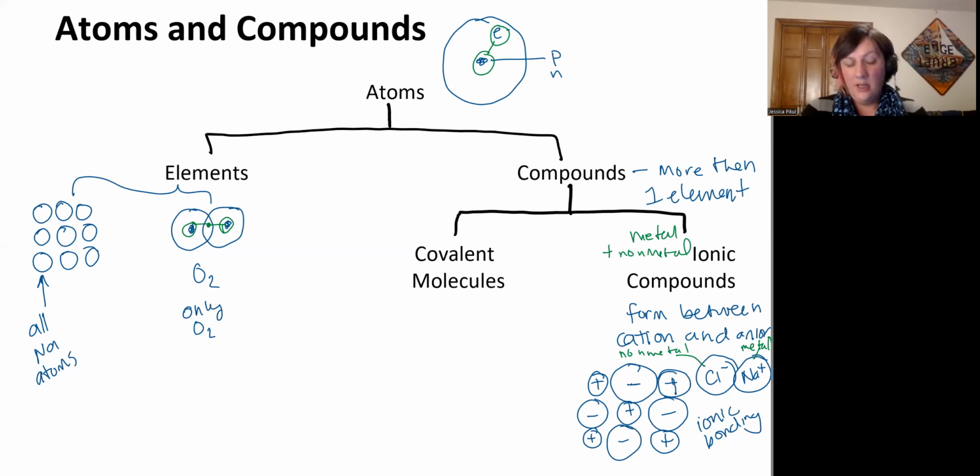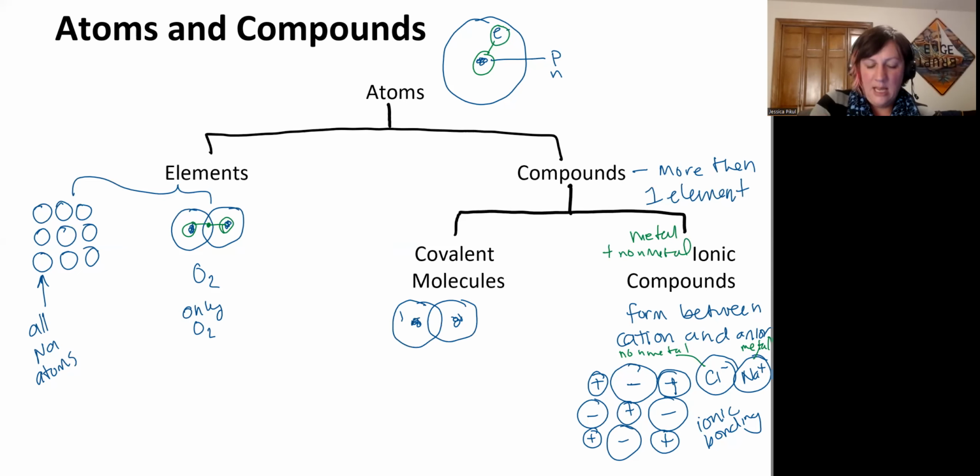So then in our covalent molecules, like we were talking about here with our oxygen, we're going to see those atoms' electron clouds overlap. I'm going to do one, and it can be more than two. So here's one that would have three things overlapping.